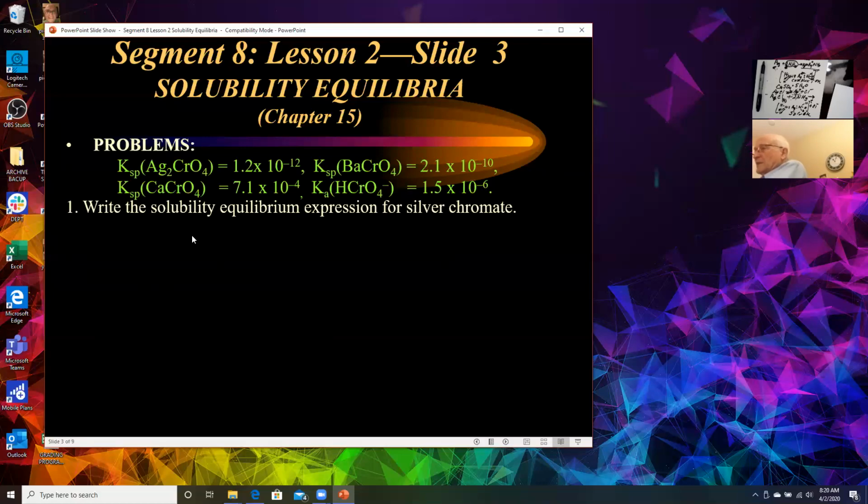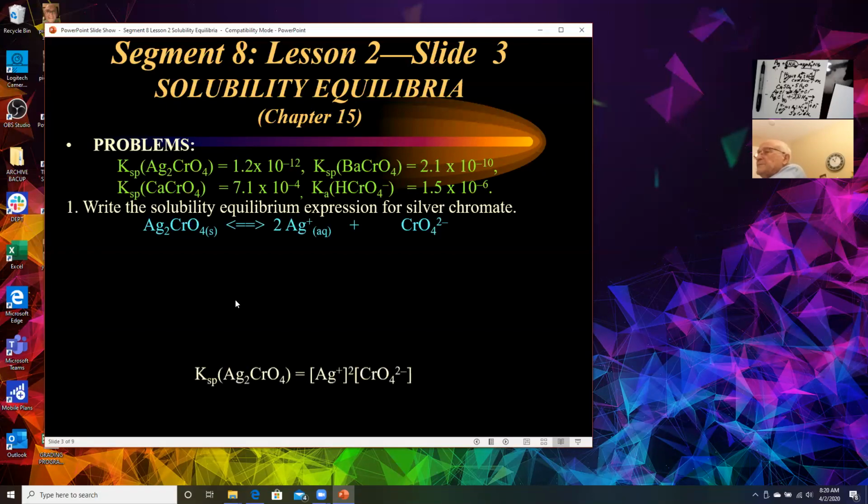Let's write the solubility expression for silver chromate. So it's going to dissociate to 2 silver ions and 1 chromate ion. Ksp is going to be [Ag+] squared times [CrO4 2-] to the first power.